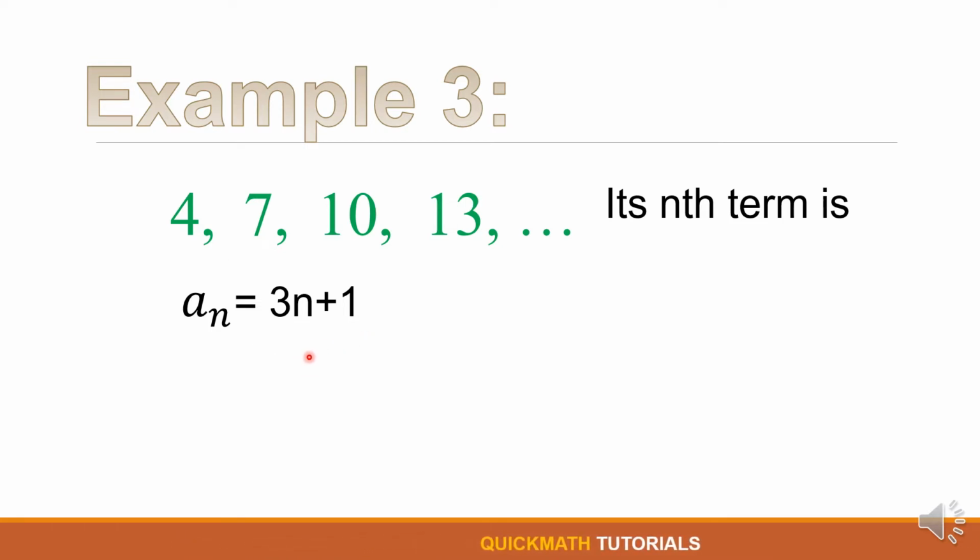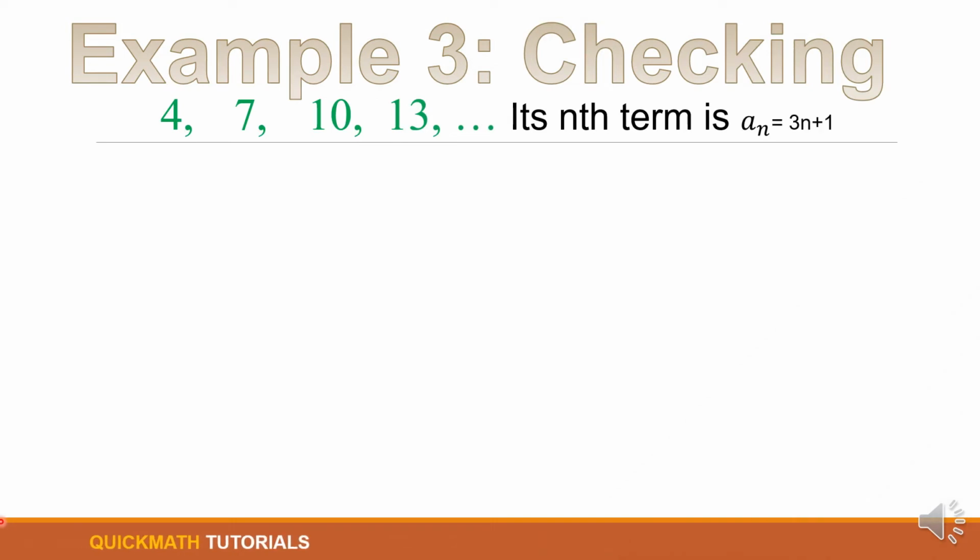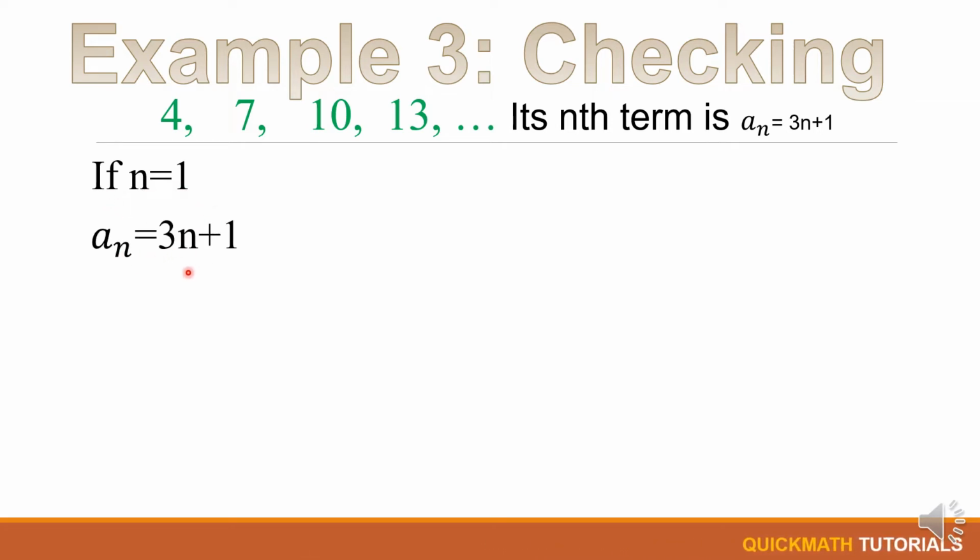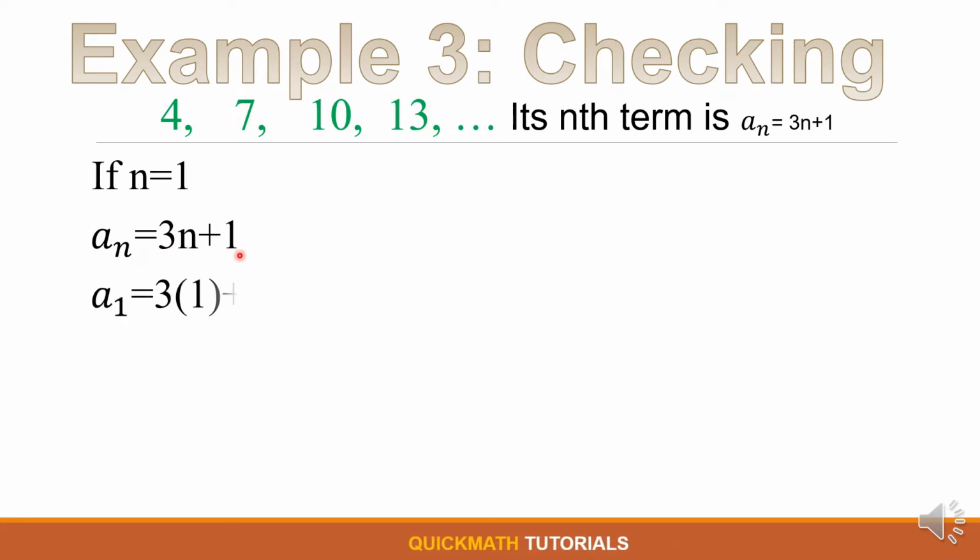Now, let's check if this is really the nth term of this sequence. By checking, we will use our nth term, a sub n equals 3n plus 1. We will solve first for our first term, a sub 1. Since we have a sub 1, our n is 1.